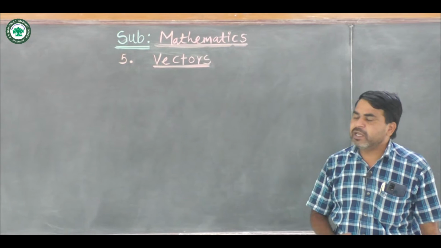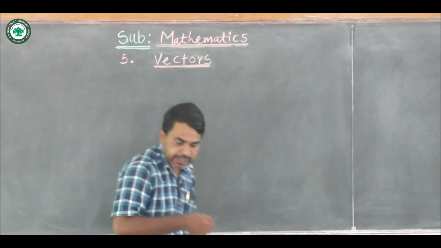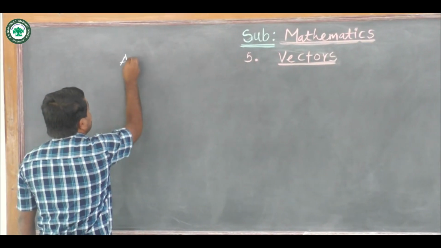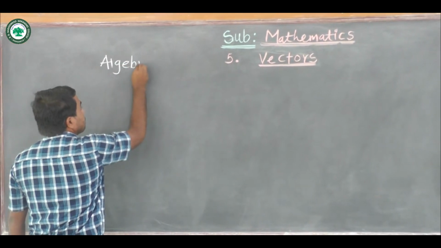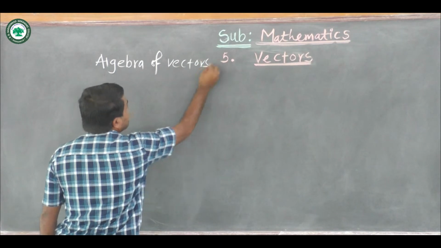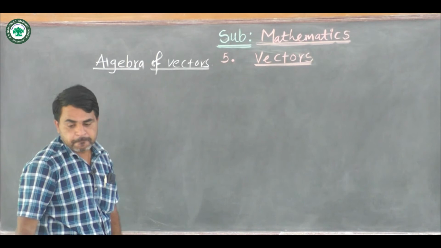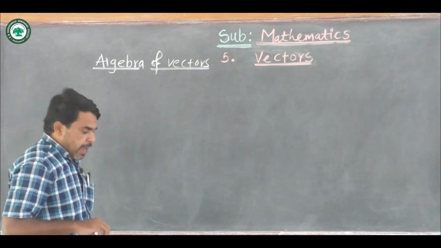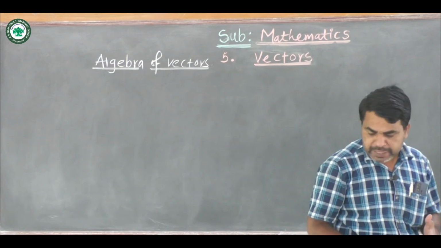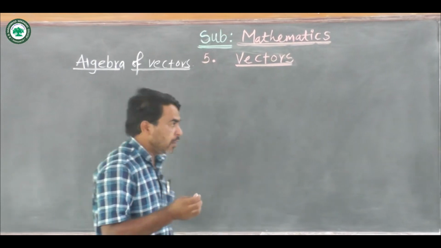Today we are going to see algebra of vectors. Algebra of vectors means addition of vectors, subtraction of vectors, multiplication of vectors. Okay, we will see it one by one.